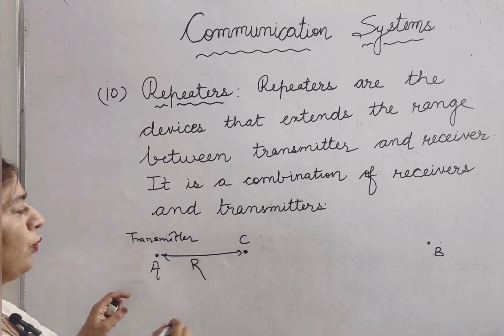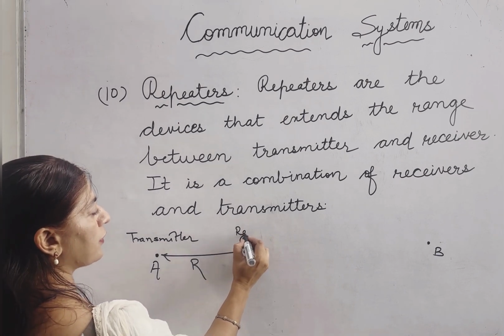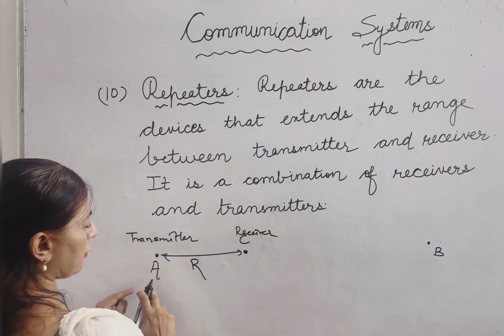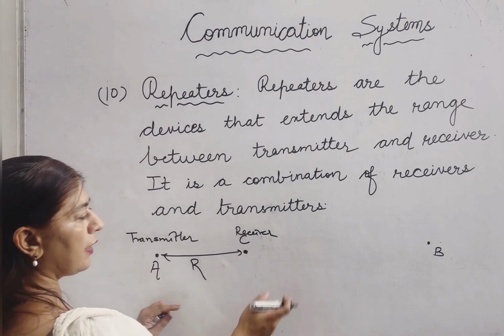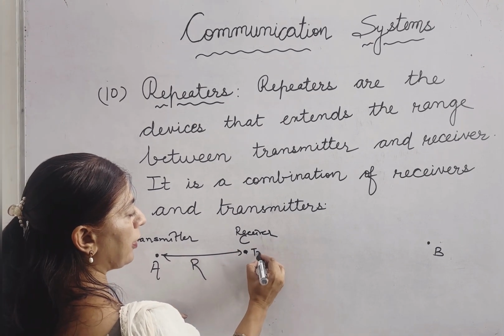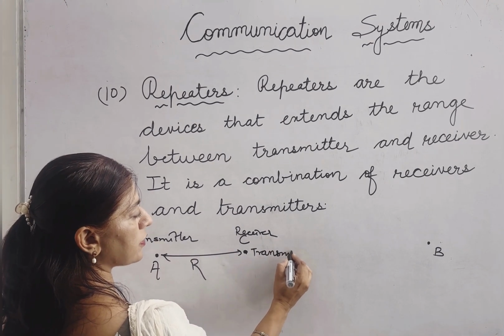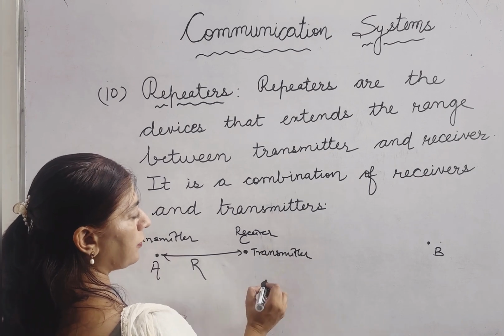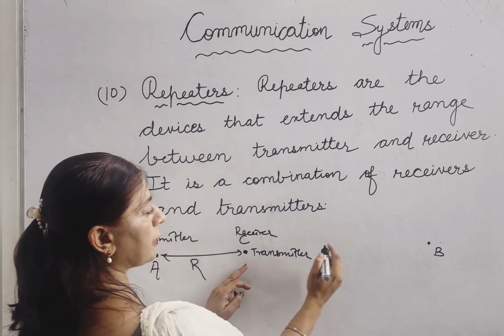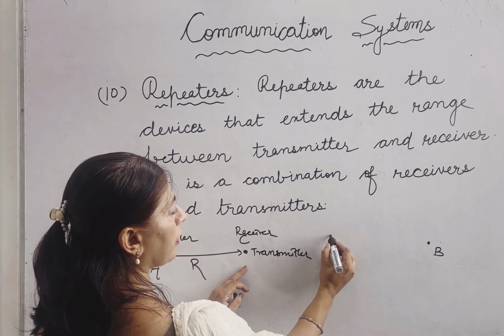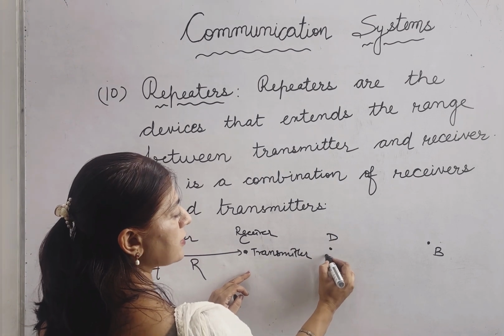Then what we will do: at C we have a receiver, which has received the waves from A. Again at position C, we introduce one more transmitter. It will pick up the waves and send them to another point D, where a receiver is there.